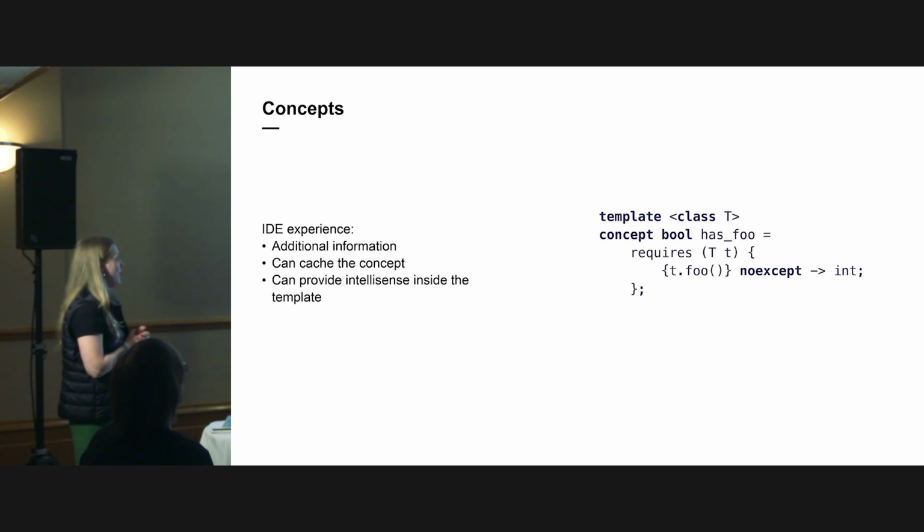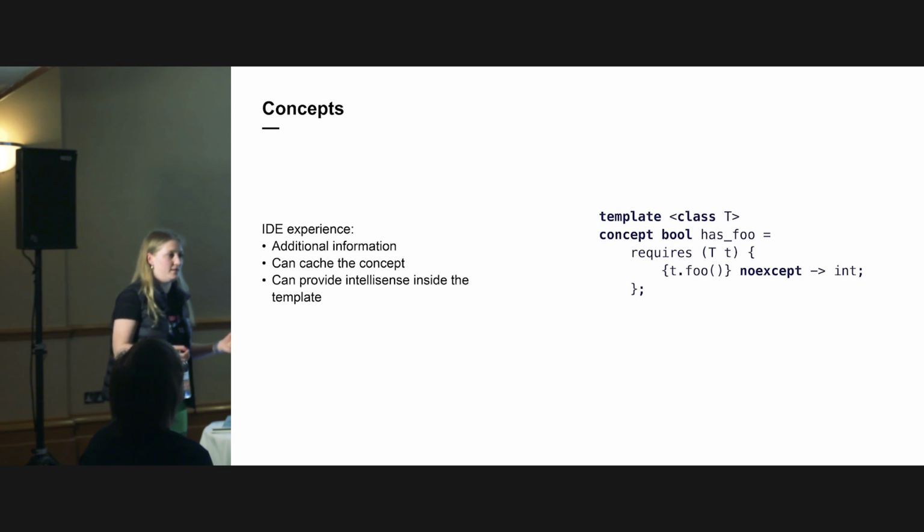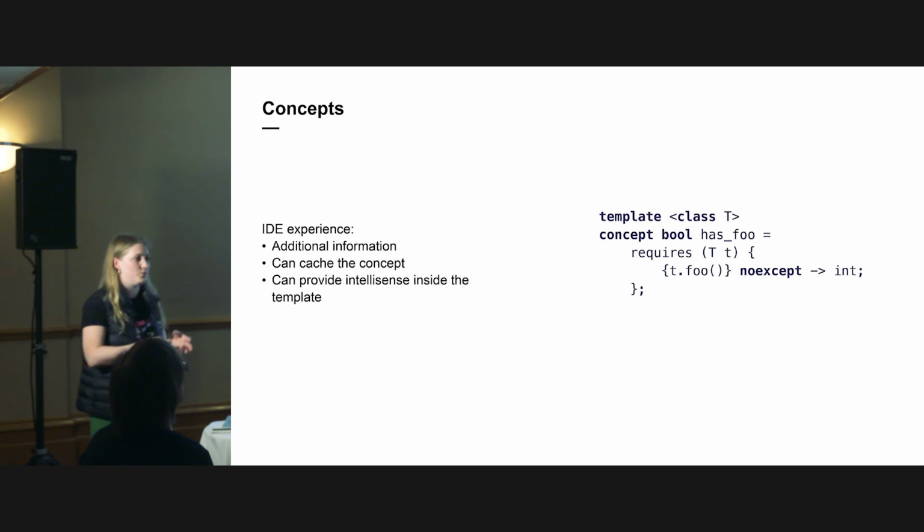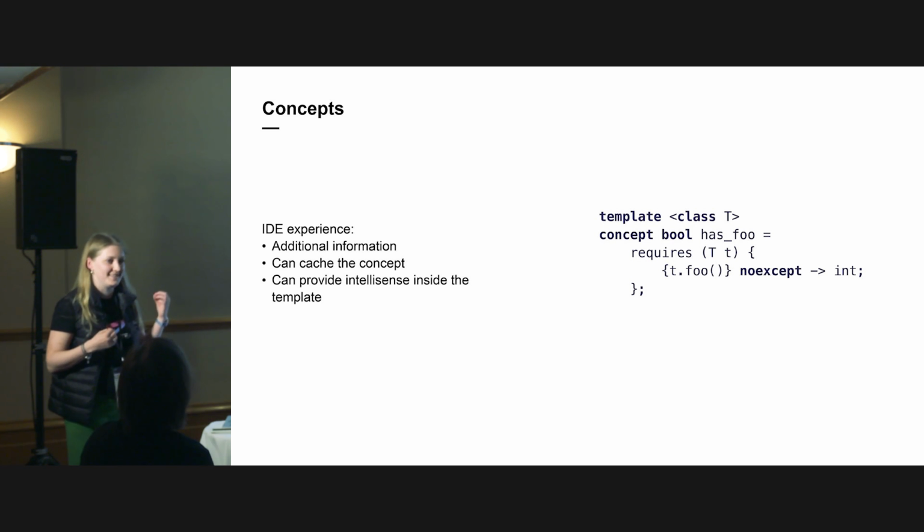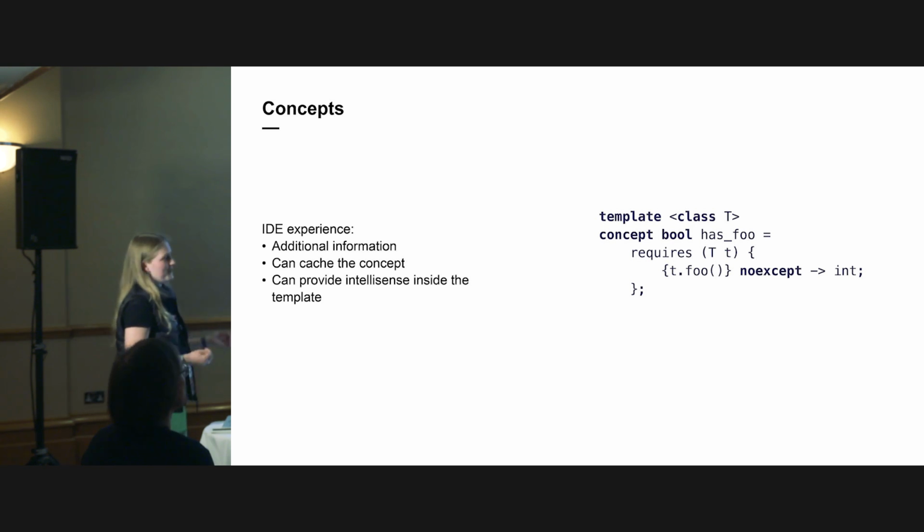But if you have a concept that says, for example, that this function should be available and it returns that type, we could do something. We could help you with completion, or show you that the type is not matching, or whatever. So this could be a nice thing, and we're looking at concepts right now and have so many good things in mind that we're really hoping for more from concepts.